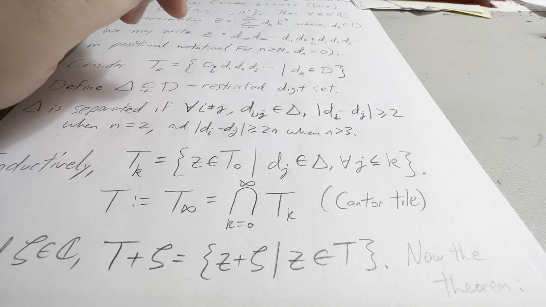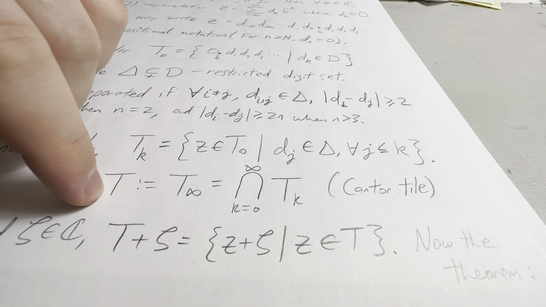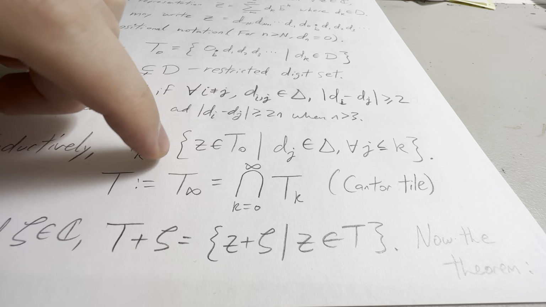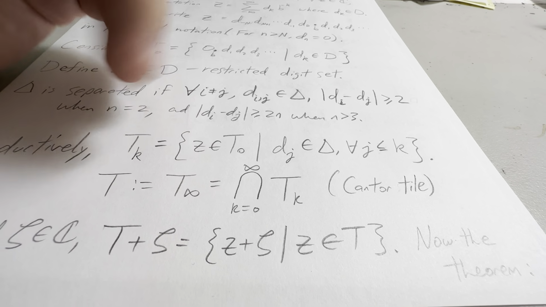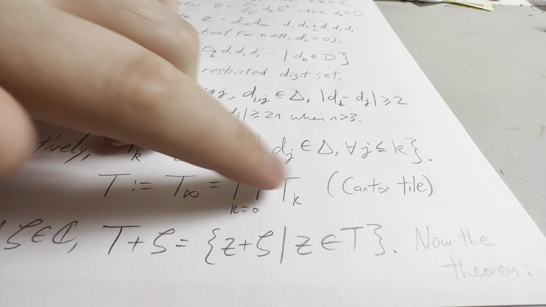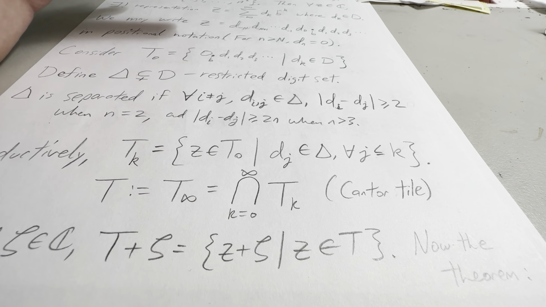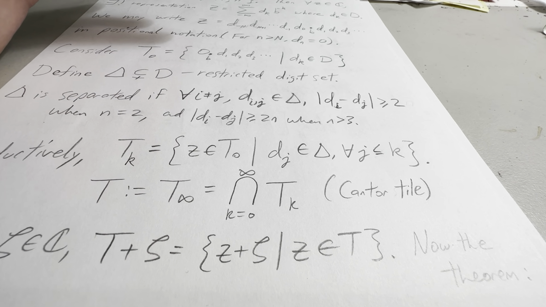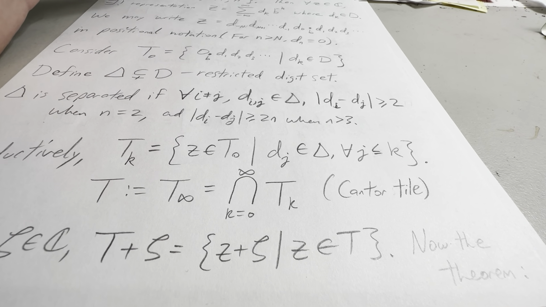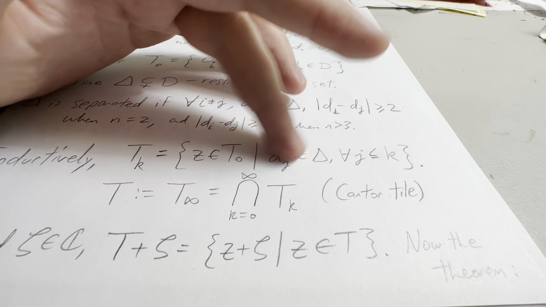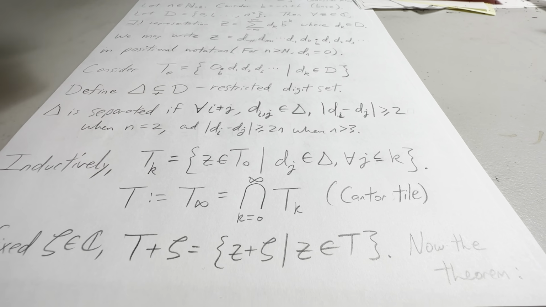Okay. And then we define T to be the limit as k tends toward infinity, which can be simplified as the intersection of the Tk's as k runs from 0 to infinity, because Tk is a subset of Tk plus 1, and that's true for any k. It's not too hard to show. You can think about it for a second based on this definition; it has to make sense.